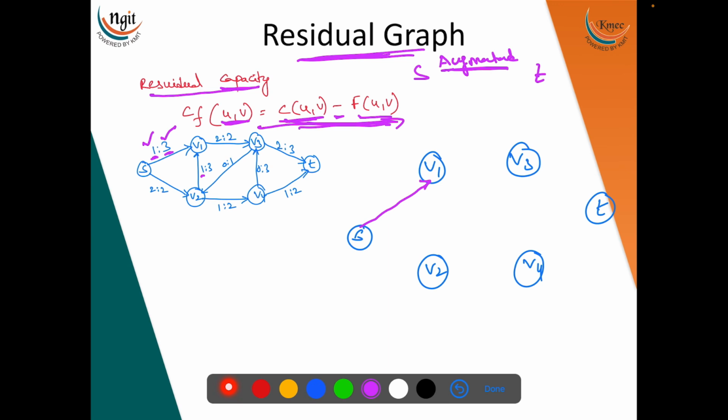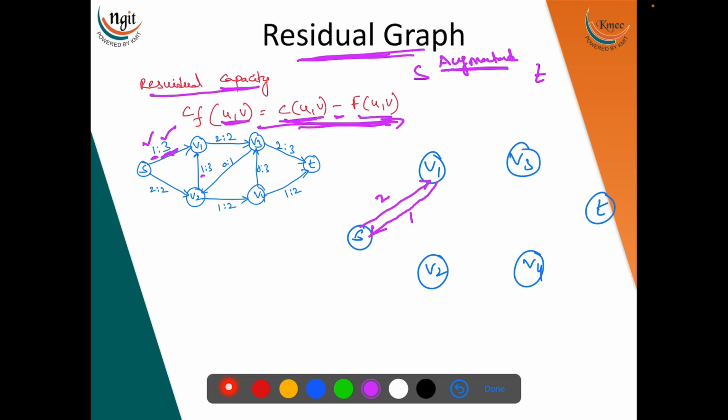What is the flow? 1. So it is now denoted as 2, the residual capacity. And the maximum capacity is 3. But I am utilizing only 2 from S to V1, so there is another path from V1 to S, which utilizes the 1.